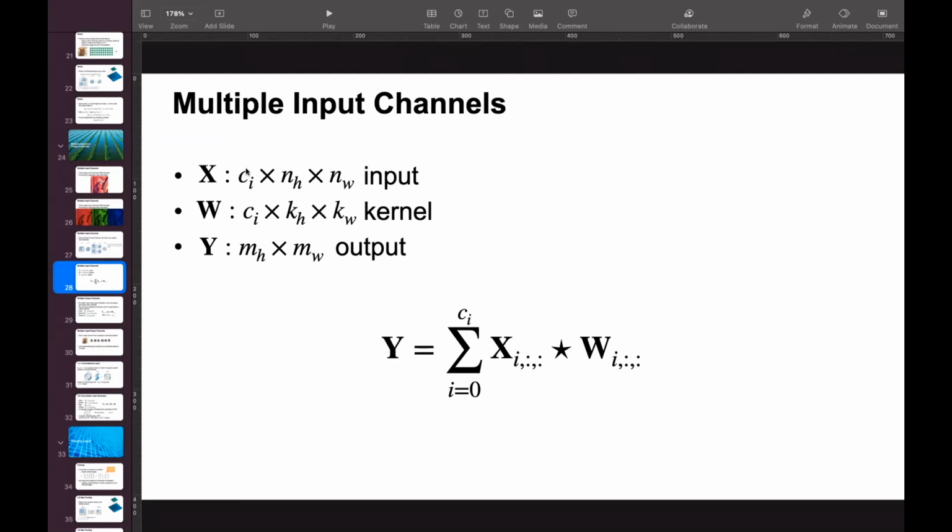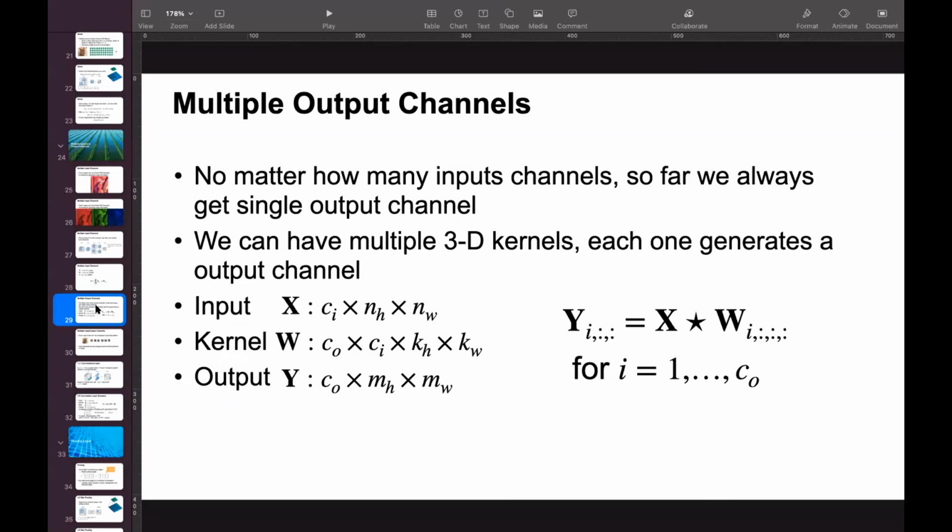Your dimensionality is now channel times the height times the width. The kernel is now channel times the kernel height times the kernel width, and your output is accordingly whatever height and width you get out of it. The same point, trying to be driven home: you can have multiple 3D kernels, each one generating an output channel, and you can find innovative ways of combining those output channels.